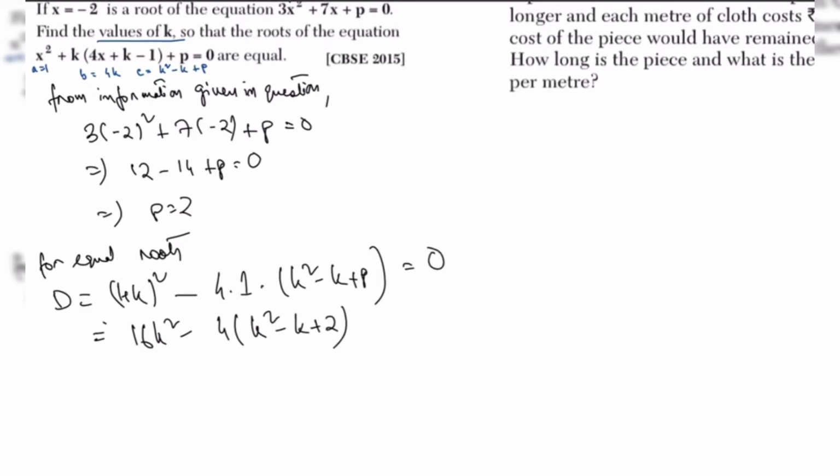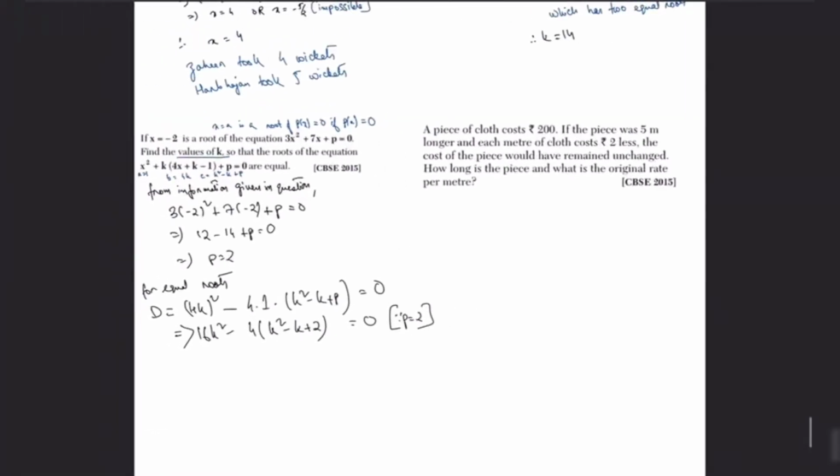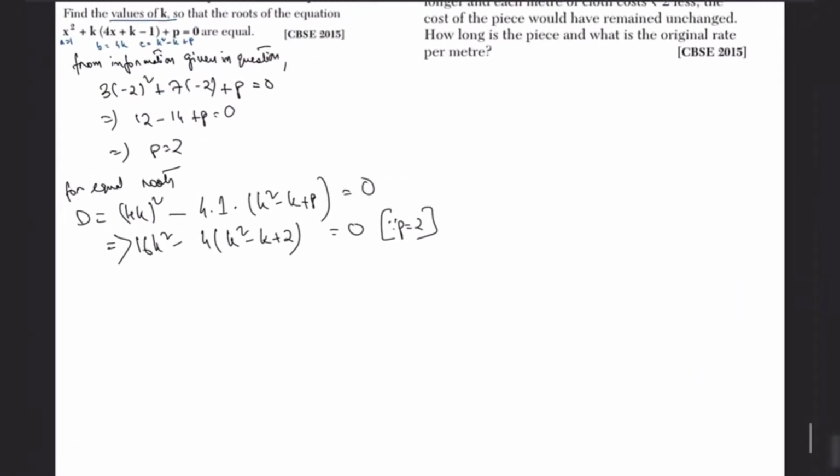Okay, since p equals 2, so what do we get from here? 16k square minus 4k square is 12k square, and then you have plus 4k and you have minus 8, that is 0. That gives us 3k square plus k minus 2 is 0.